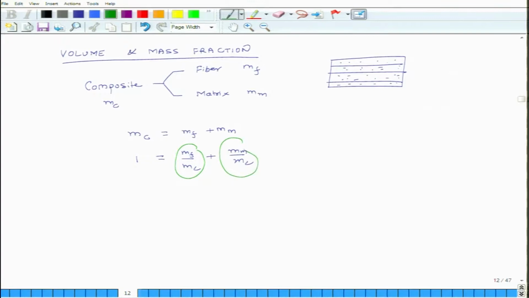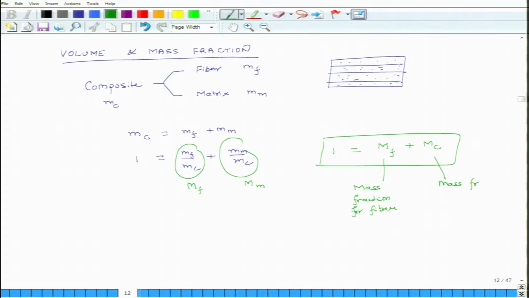So, this I call capital M F and I call this capital M M. So, I write this as 1 equals M F plus M M. This is the mass fraction for fiber, and this is the mass fraction for matrix. So, that is our definition for mass fraction.